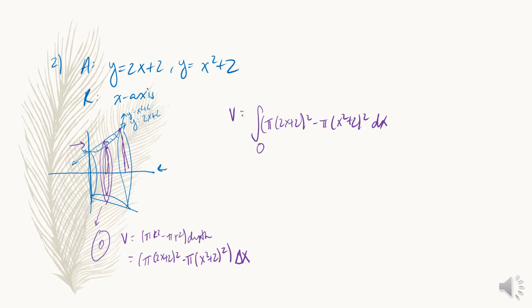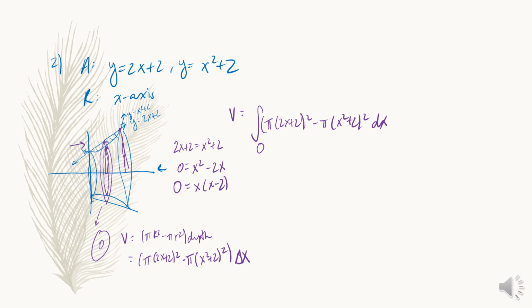To figure out that x value, I know it's where the two curves intersect. So I could set up 2x plus 2 equals x squared plus 2. And this is a quadratic, so set it equal to 0. So that would be x squared minus 2x. Now let's factor this.